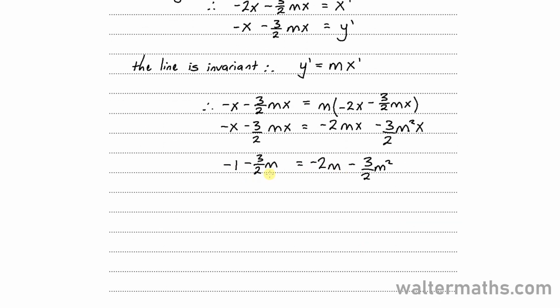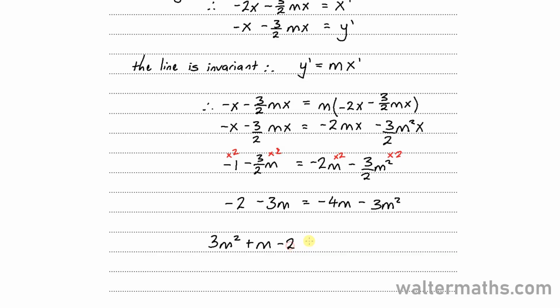Now I'll multiply all the terms by 2. So we'll have -2 - 3m equal to -4m - 3m squared. Now I'll take everything on the right side to the left side. So -3m squared becomes 3m squared, and -4m adds up to -3m to give us m.